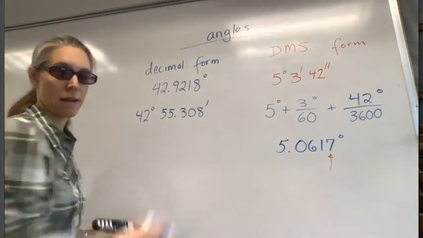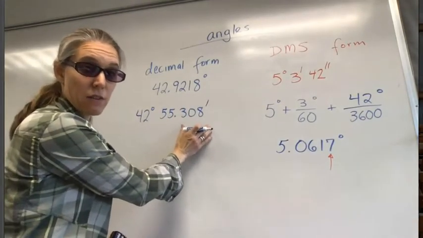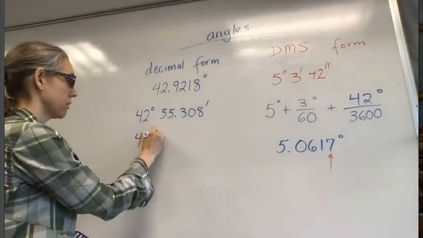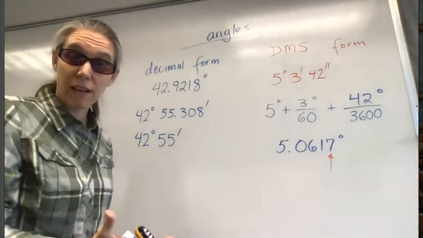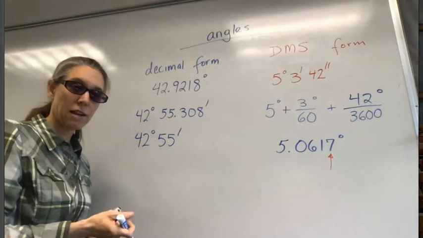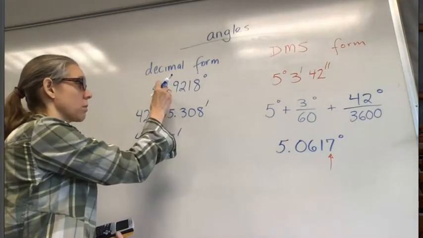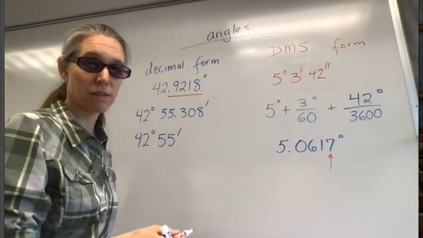55.308 minutes. Now I need to take this fraction of a minute and convert it to seconds. 42 degrees, 55 minutes, and how many seconds? Take again the decimal and multiply it by 60. So previously we took 0.9218 and multiplied it by 60.